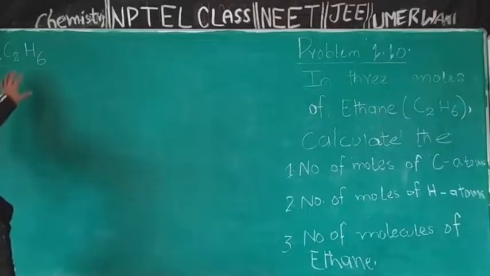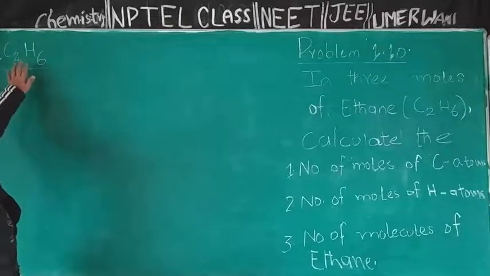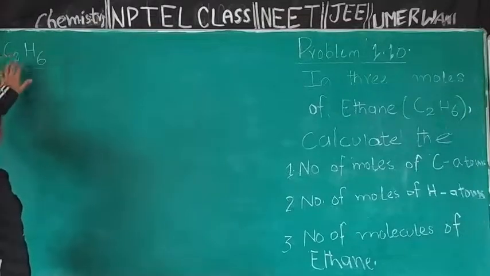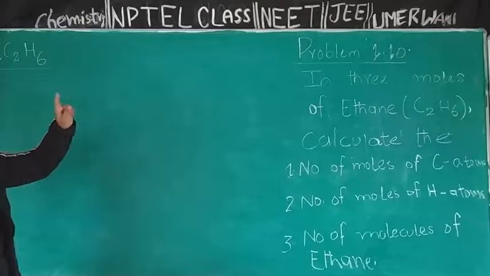This is the information conveyed by molecular formula of ethane. Molecular formula of ethane is C2H6. Its molecular formula represents its 1 mole.